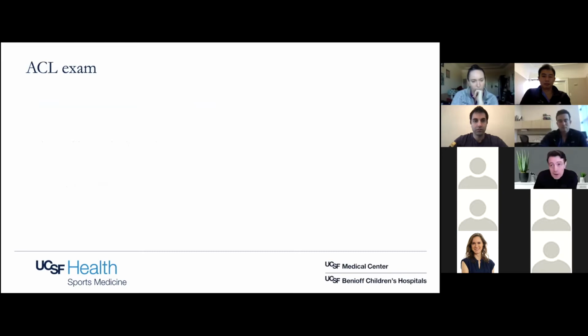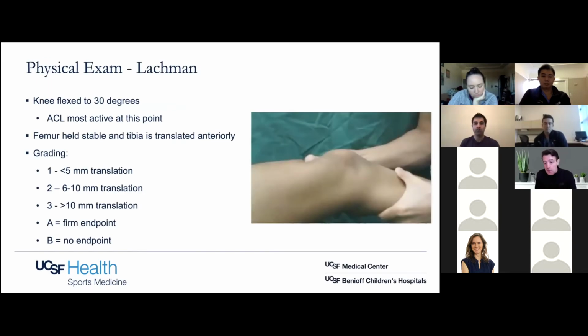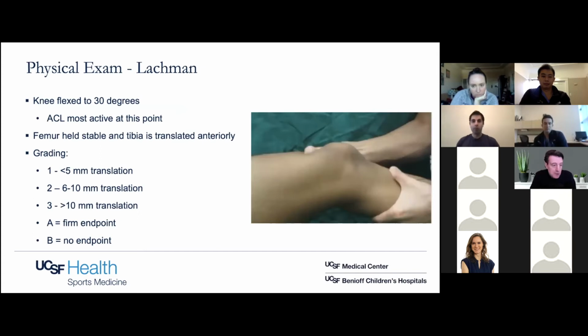So what about the exam? Alex, tell me what are the 2 exam tests you want to look at. You can do an anterior drawer, Lachman obviously being a little bit more sensitive. And then you can do a pivot shift. Okay. So let's talk about the Lachman. You guys should all know the grading system.